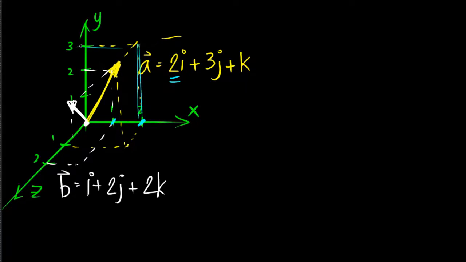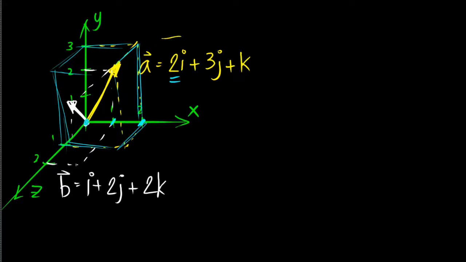Now you can make a rectangle, so you have covered your X and Y. And for your K, or your Z component, it is only 1. So it goes toward us, and as you can see, you can make a box. Since it is 3D, it has a length, width, and height.